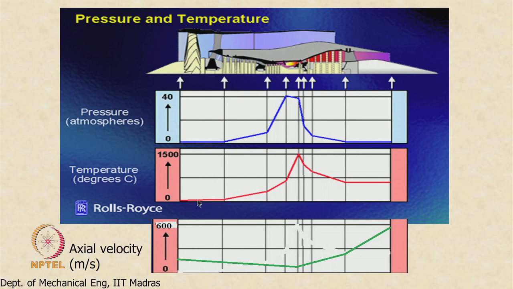You see a similar trend for temperature. Temperature is very small, it increases as the gas is compressed, and it increases very drastically in the combustor as we add fuel and burn the fuel, and then it begins to drop as the fluid undergoes an expansion process.